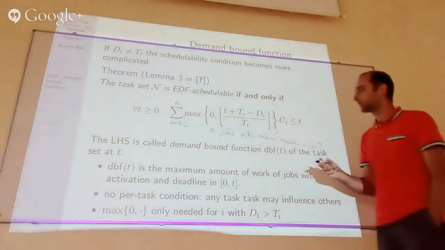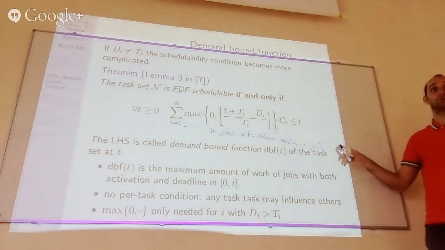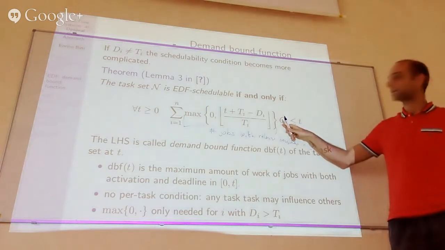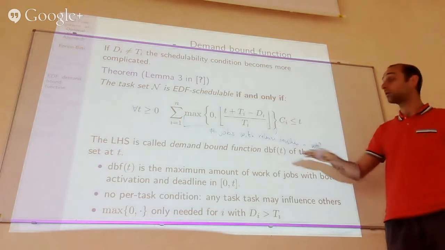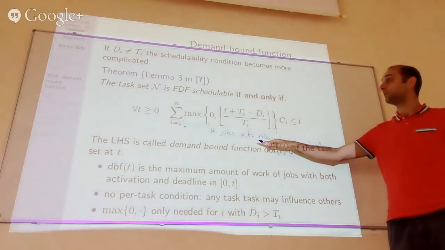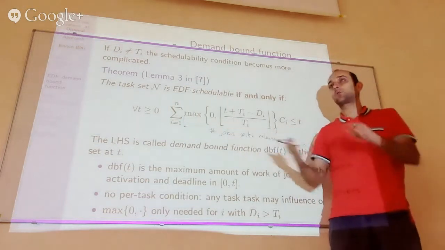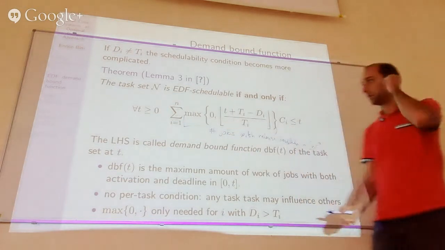This is the number of jobs with release and deadline in 0t. Then, if we multiply by Ci, we get the amount of computation required by this number of jobs. Then, if we sum over all the tasks, we get this quantity over all tasks in the set.